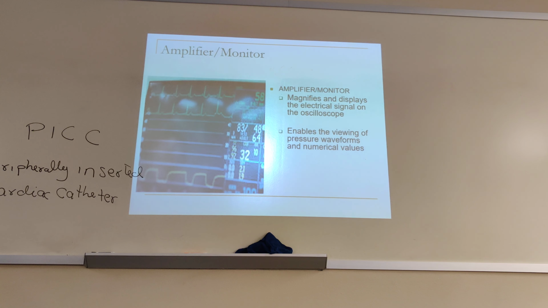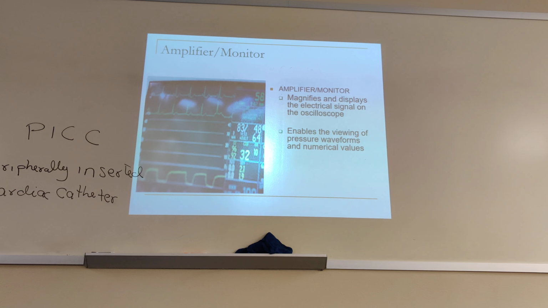Something to point out is that on the oscilloscope, usually what you see is two strips of EKG rhythm. Unlike when you are doing a 12 lead EKG, where you're going to see more, in the ICU it's only two.